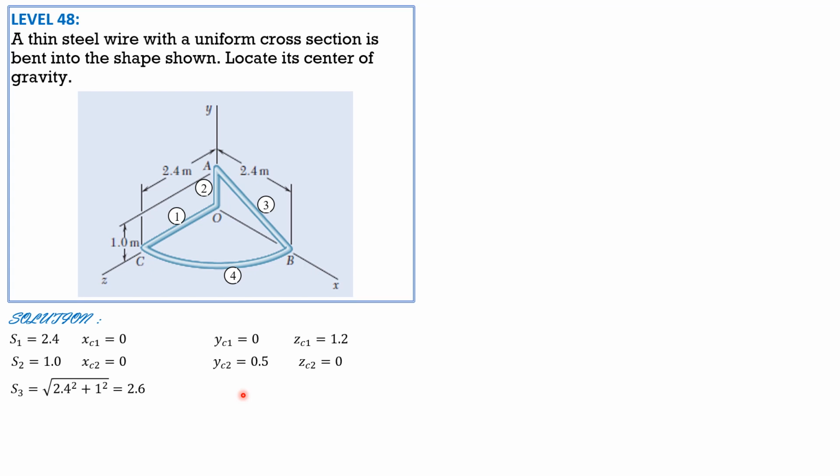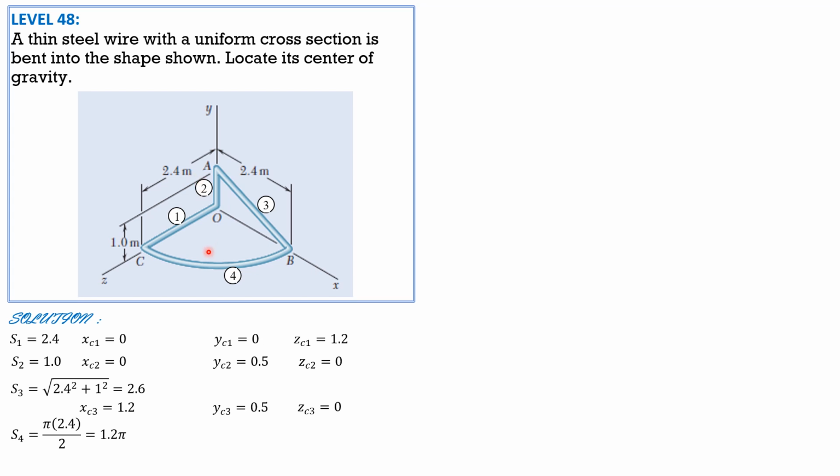And x sub c3 is half of 2.4 midpoint, so 1.2. y sub c3 is half of 1, and z sub c3, because this element lies on the XY plane, is 0. Then this is element 4, the length is pi r over 2, pi times 2.4 over 2, so it is 1.2 pi meter.